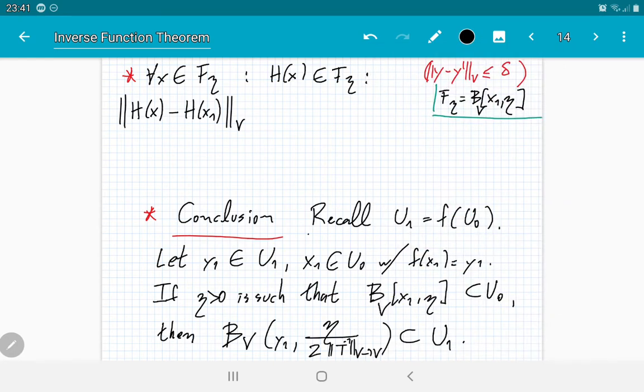I already know h is Lipschitz, but I want to show that h of x is close to x1.